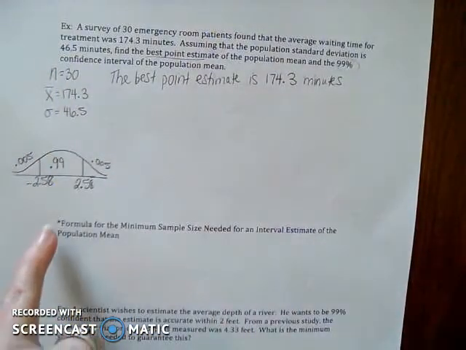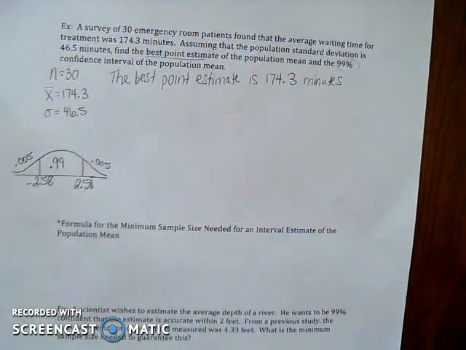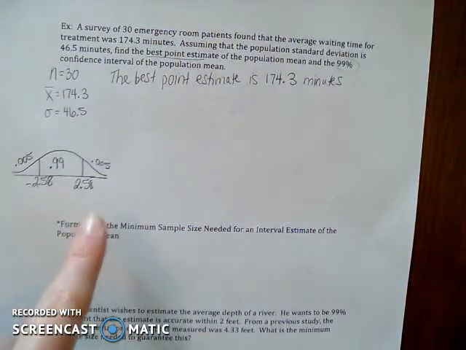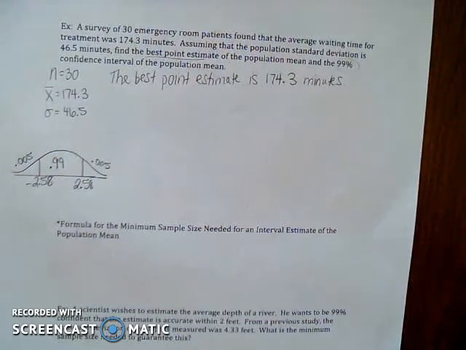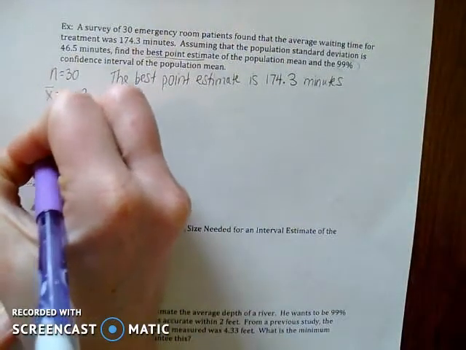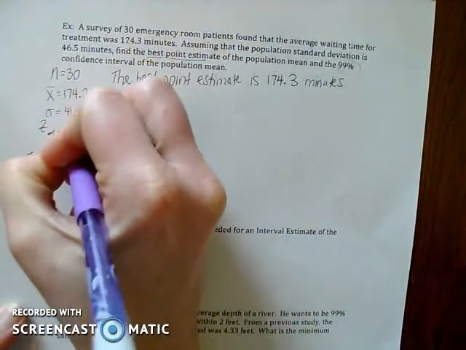If you messed up and wrote 2.57, you're going to miss a half a point because you need to use the bigger z-score. The reason we have to do that is if you use 2.57, you're technically not 99% then. So you actually have to overestimate rather than underestimate. So z of alpha over 2 is 2.58.